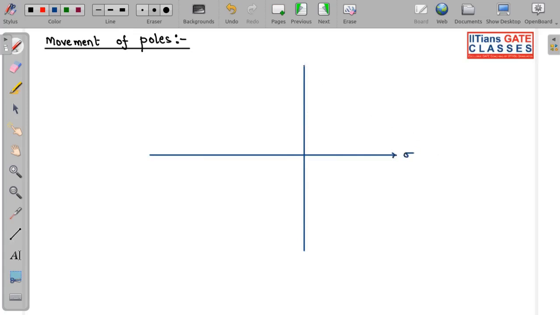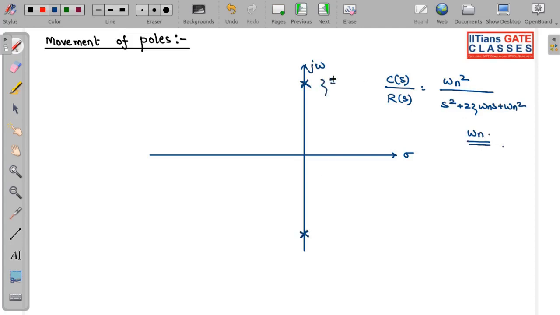See, this is sigma, this is j omega. This is your transfer function of a second order system. Okay, so over here, for everything fixed, for omega n fixed, if we just vary zeta, then for zeta equal to 0, your poles will lie like this.